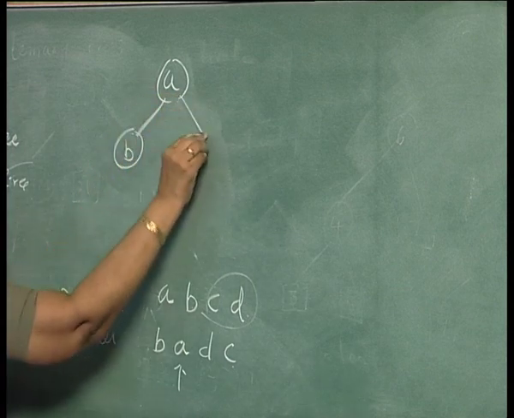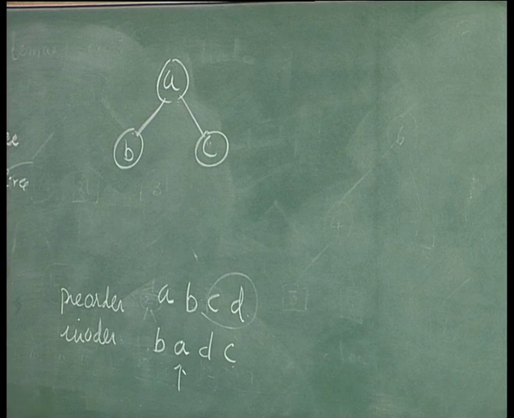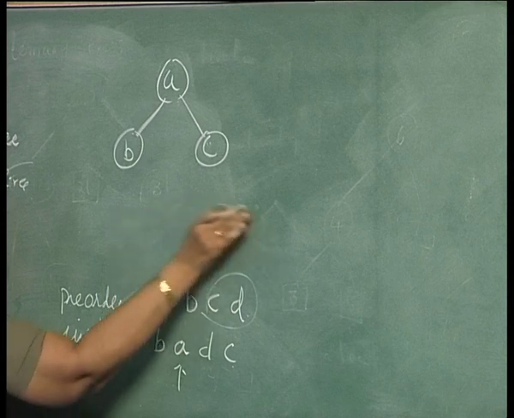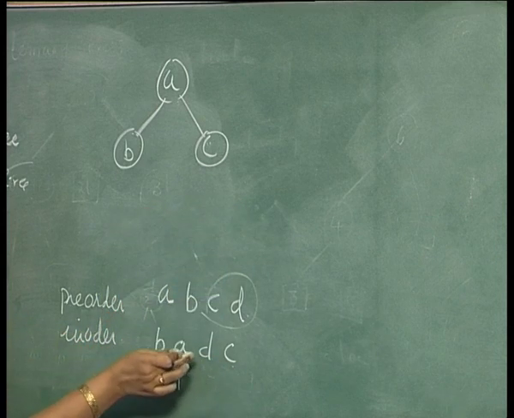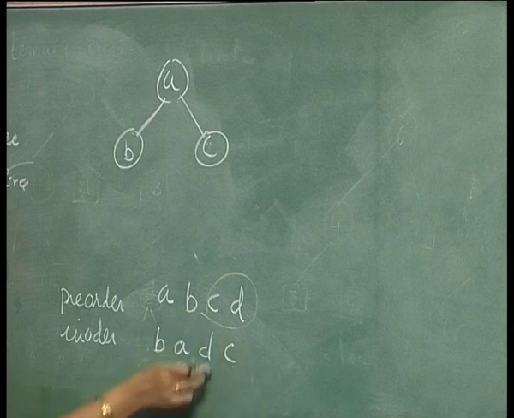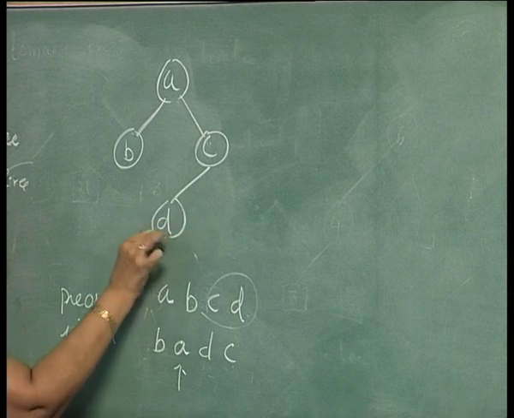So, C will be here, and where will D be? D can be here or here, right, but the in-order says left subtree first, then root, then right subtree. That means D has to be the left son here.